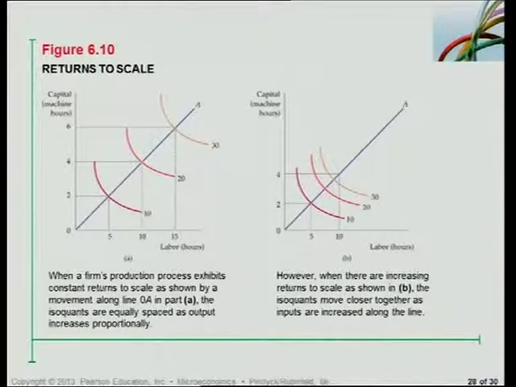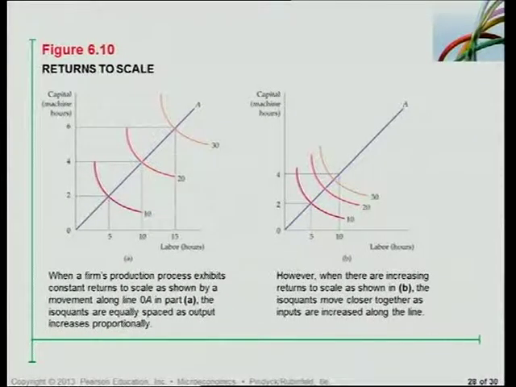You can see that 10, 20, they are equally spaced, and if they are equally spaced, then that illustrates constant returns to scale.